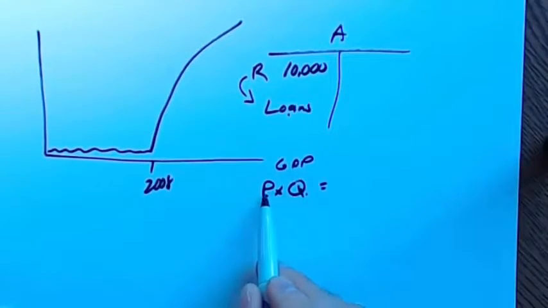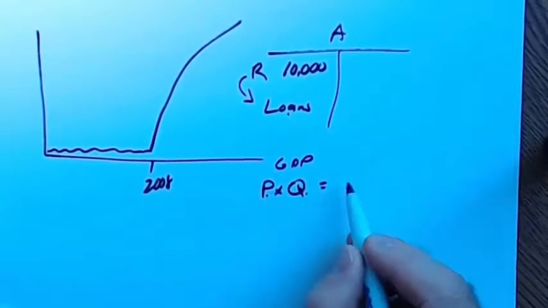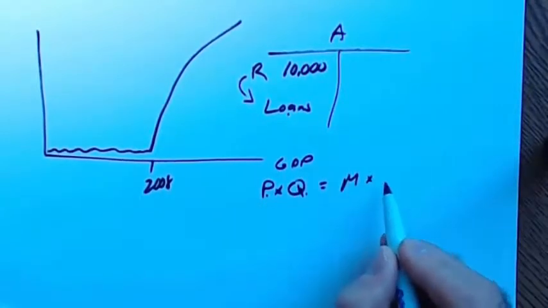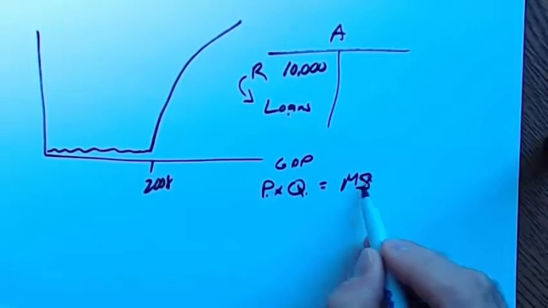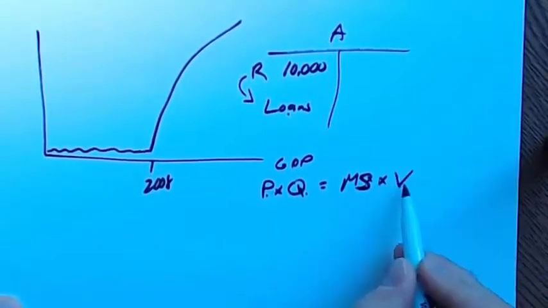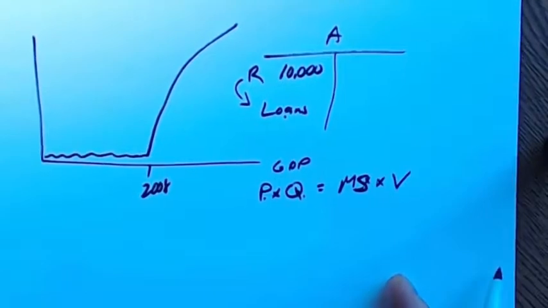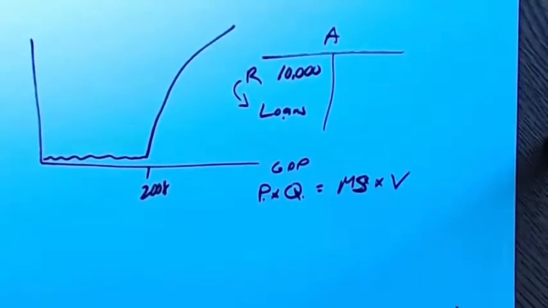So this would be like billions of goods that you'd add up. Take the price, multiply it by the quantity. That would be the GDP for the year, and that equals the money supply, I'll call it MS, times the velocity of money. How fast does money turn around in transactions? How many times does the same dollar bill go from one transaction to the next?